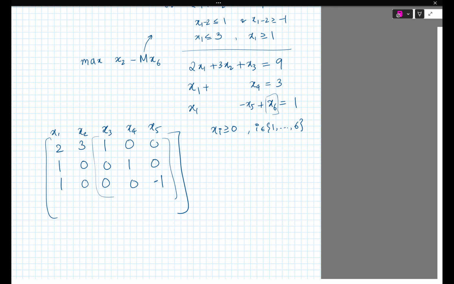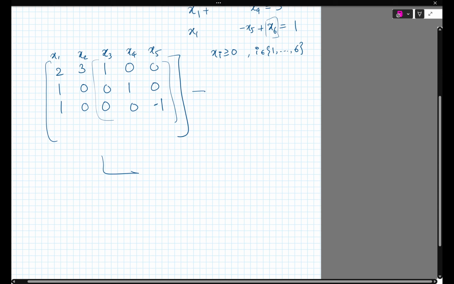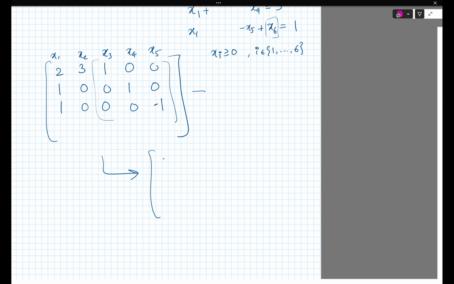That's why we have to take x6. So if we take x6, it cancels out, 0, 0, 0, 1, 0, 0, 1, 0, 0.